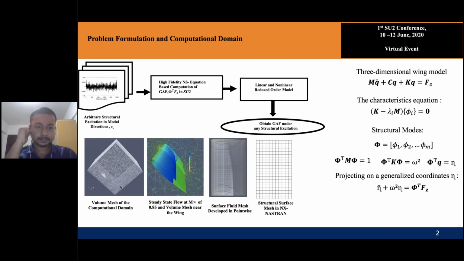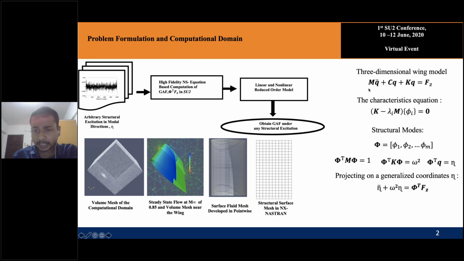Next slide, please. Before looking into the problem formulations, I will first talk about the typical form of the aeroelastic equation immersed in aerodynamic flows, which is M q double dot plus C q dot plus K q, equal to the aerodynamic forces, where M, C, and K are the mass matrix, damping matrix, and stiffness matrix.